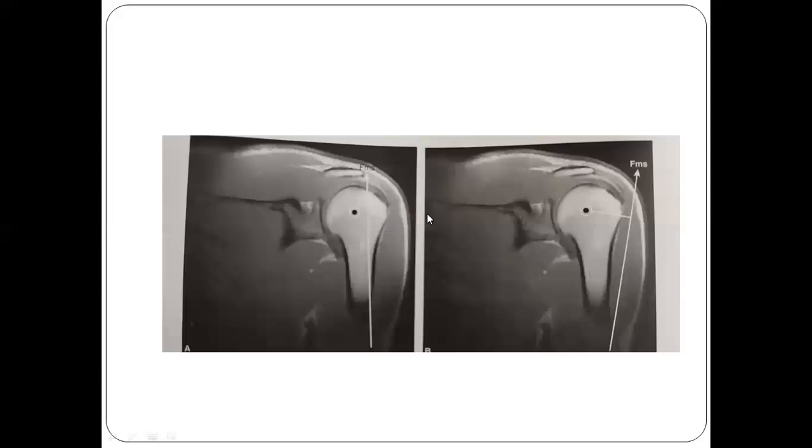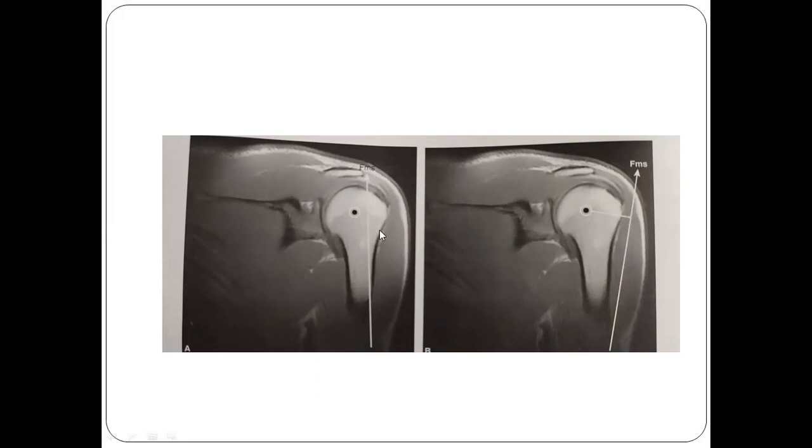The deltoid muscle is wrapped around here and this is the line of force of the deltoid. So imagine this bony prominence of the humeral head acts as a pulley.